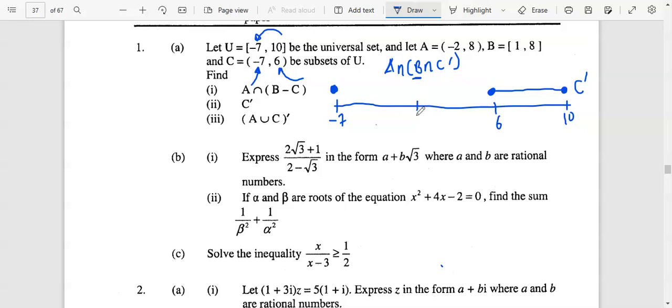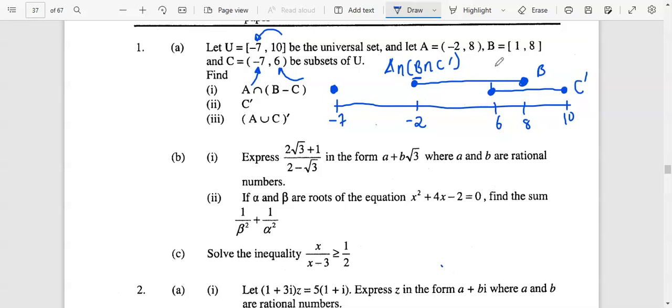The set B is from -2 to +8, and we are including both. So the intersection is this region which is common that we're able to see. I'm still looking at what I'm writing.